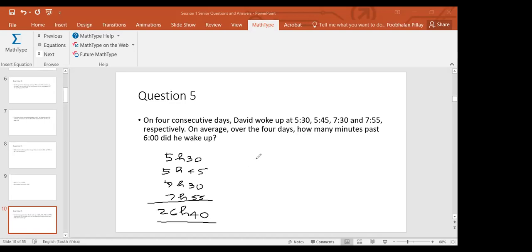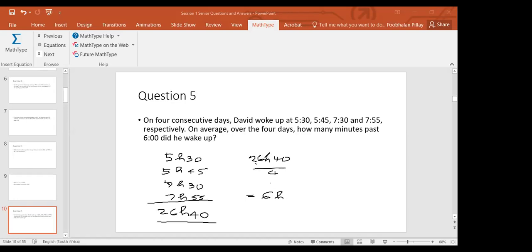And to find the average of these 4, you have to divide 26 hours 40 minutes by 4. Just remember, we're working with hours here. So 4 goes into 26 6 times.